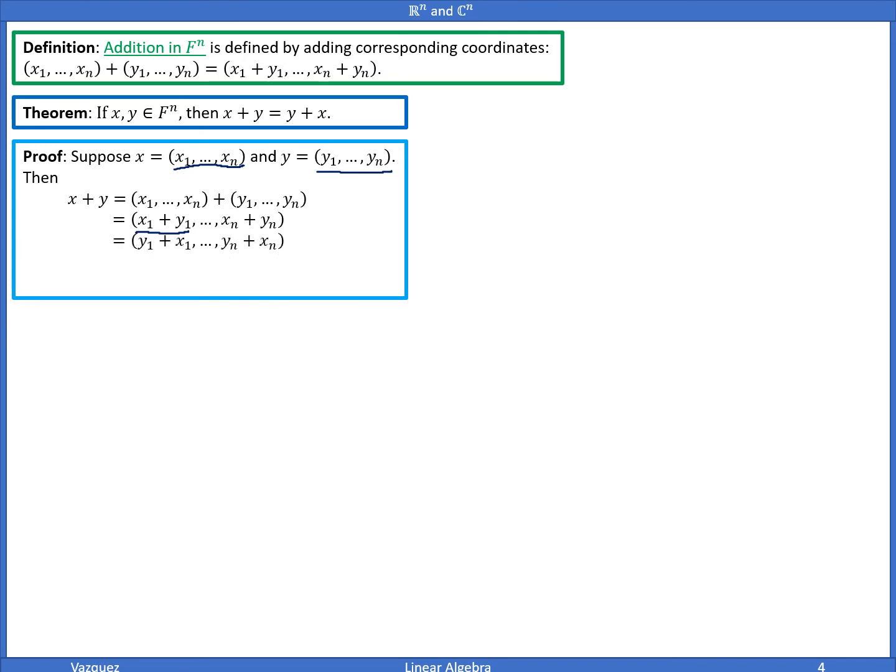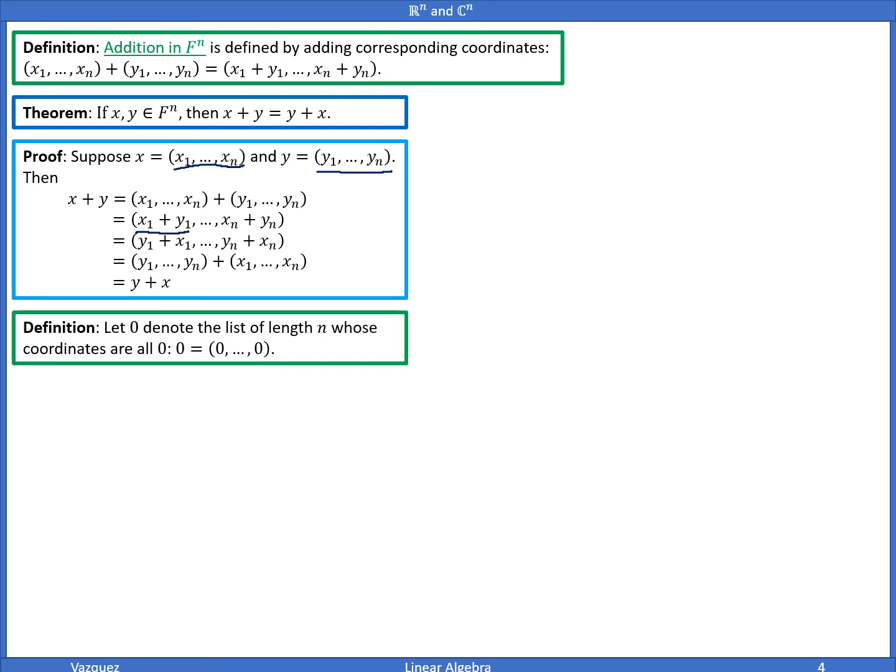We can flip them. x1 plus y1 is the same thing as y1 plus x1, and we flip all of them like that, all the way to yn plus xn. And what does that equal? Well, that just equals the list of y plus the list of x, and that equals y plus x. So this showed that addition is indeed commutative in Fn.